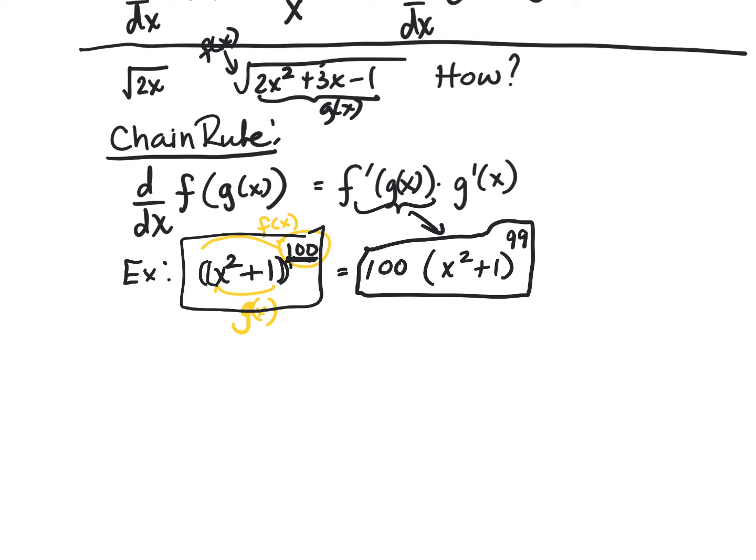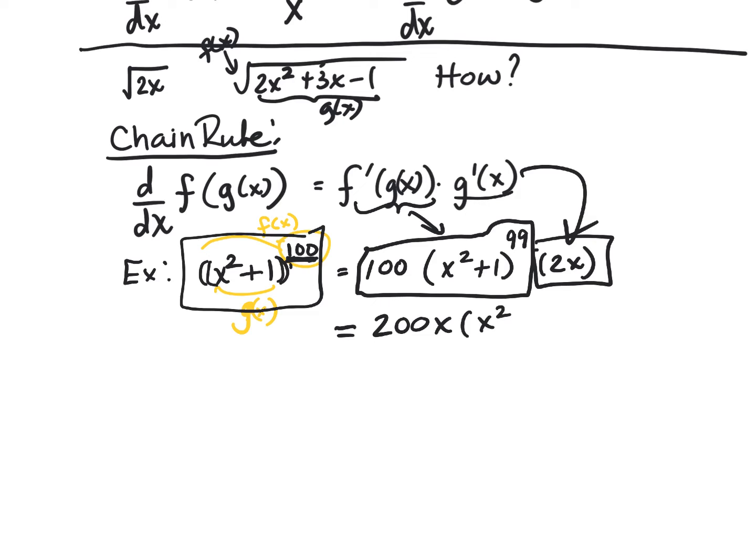Now, because there is still another function on the inside, we now have to take the derivative of what's inside. What would the derivative of x squared plus 1 be? 2x. So then we multiply it by 2x. And then we just simplify. So this becomes 100 times 2x, which is 200x, times x squared plus 1 to the 99th power.